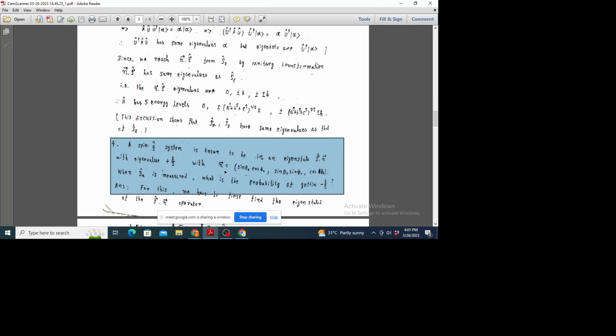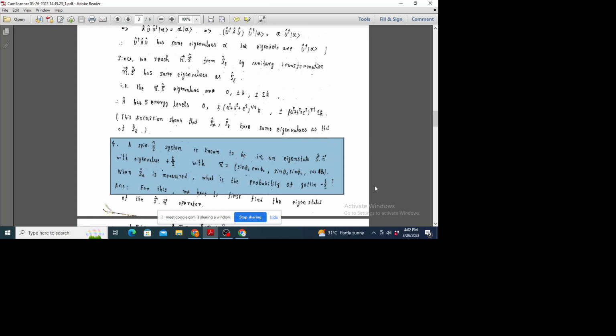And n is the unit vector as in our previous problems, and we have given a precise representation of that unit vector, the unit vector in the theta naught, phi naught direction. Now when Sx is measured, what is the probability that we get minus h cut by 2?